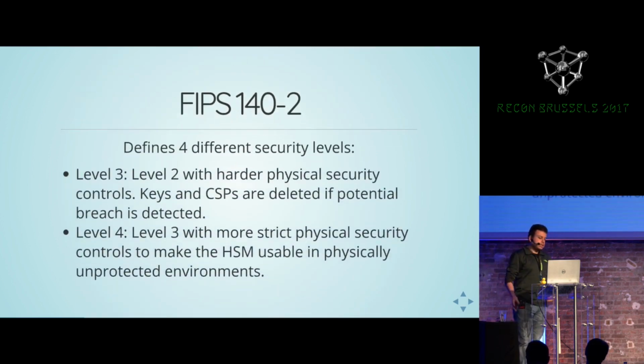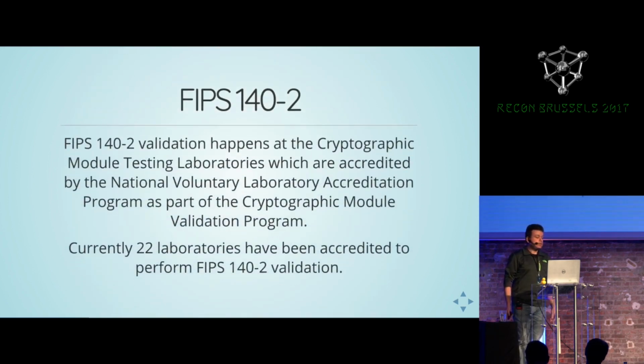Level 3 has more physical security controls. Level 4 is about HSMs that can be used in physically unprotected environments. There's a special program, the Cryptographic Module Validation Program, and there are 22 laboratories that are accredited to make this type of validation for HSMs.